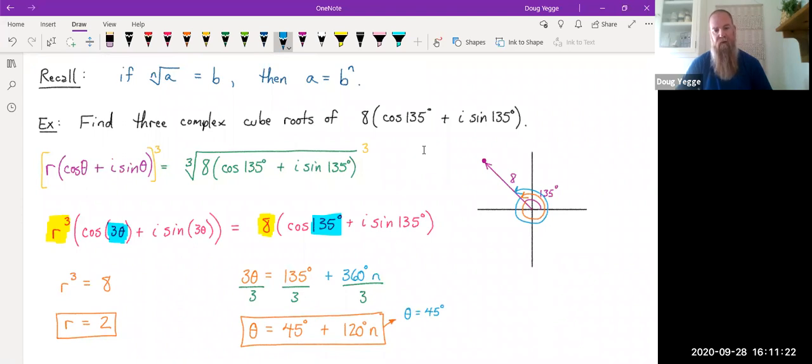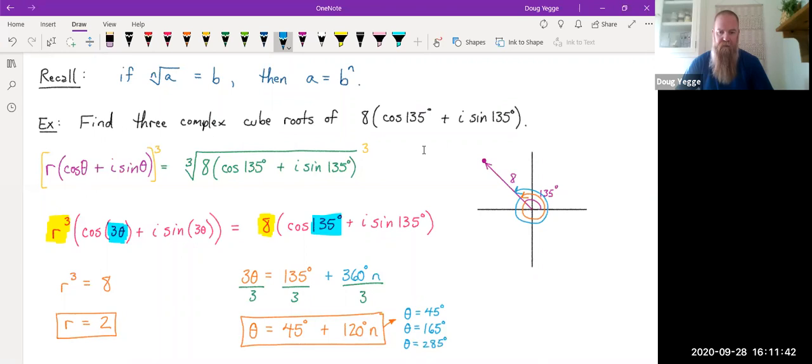But then we could also add 120 degrees once, which gives me 165 degrees. We could also add 120 degrees twice, or 240, to get theta is equal to 285 degrees.